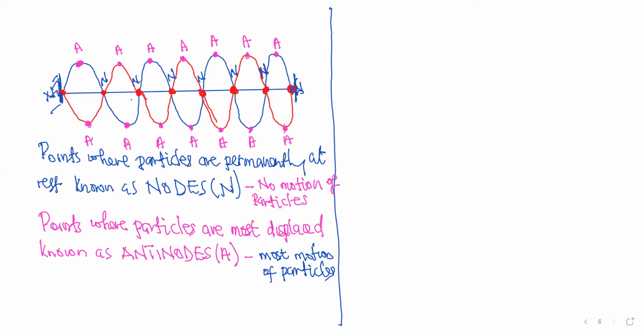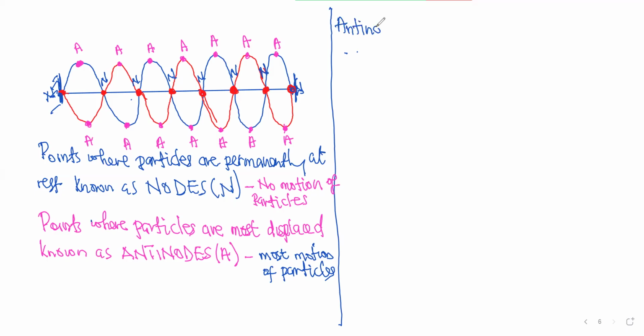Okay. Now, how are nodes and antinodes formed? The node and the antinode are just like what we see in crests and troughs, but with a slight difference. Let's talk about antinodes first.